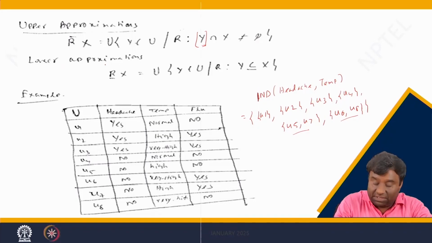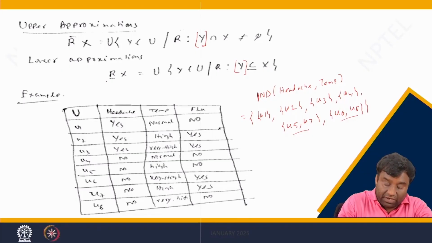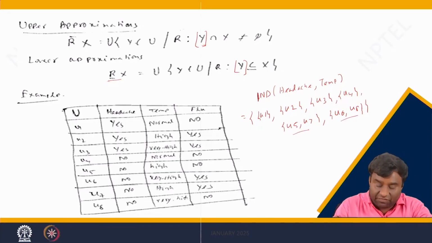The lower approximation is the equivalence class that is a complete subset of the target set. And the difference, upper approximation minus lower approximation, is known as the boundary region.